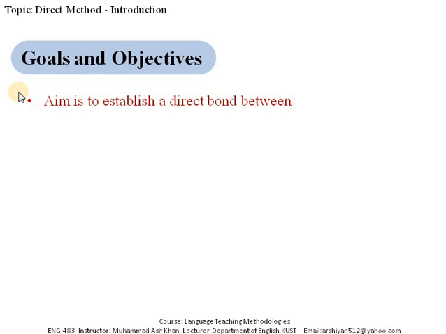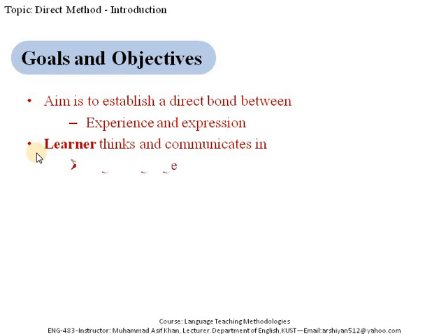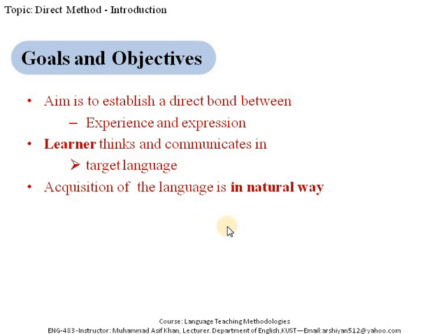Coming to the goals and objectives, as I told you in the last lecture, the basic aim is to establish a direct link or bond between the experience and expression of the learner. So basically it is the technique in which the learner thinks and communicates in the target language. It is the method in which acquisition of the language is done in a natural way, and grammar is taught to the students and learners in an inductive way.